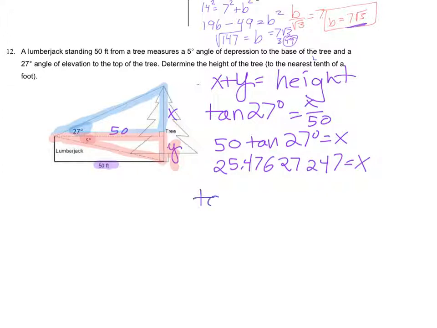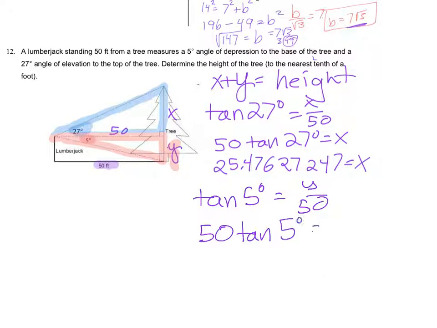We've got the tan of 5 now is equal to y over 50. So 50 tan 5 is equal to y. We plug that into our calculator. We get 4.374433176.